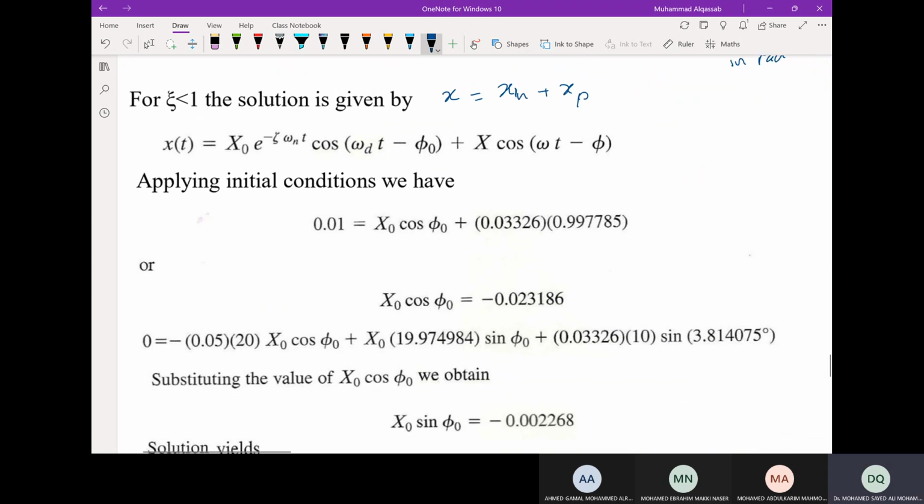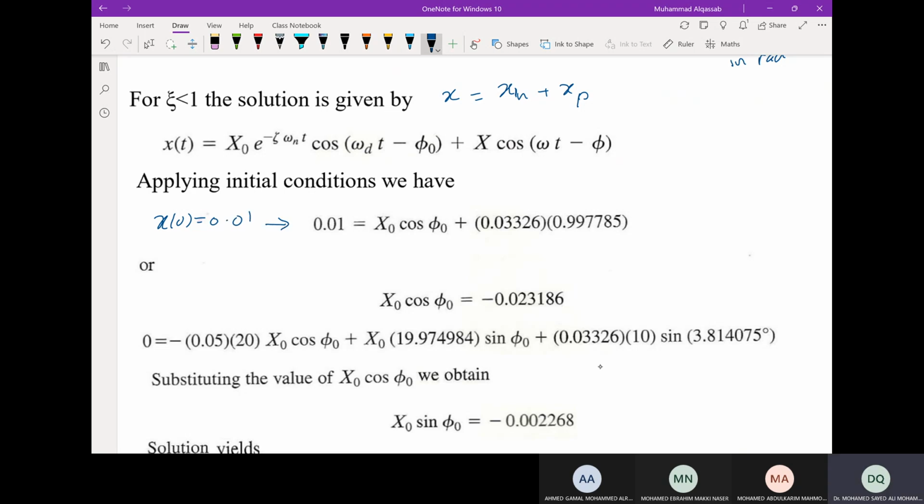Initial conditions. Okay, let's go step by step, because those are nonlinear equations, but there are some tricks you can use to find the coefficients X0 and phi 0. The first initial condition is x at 0 is equal to 0.01.